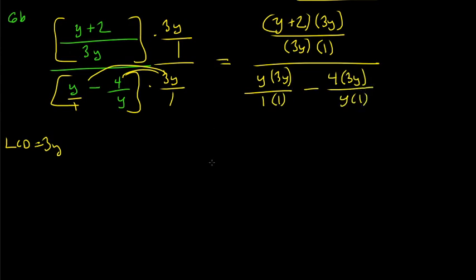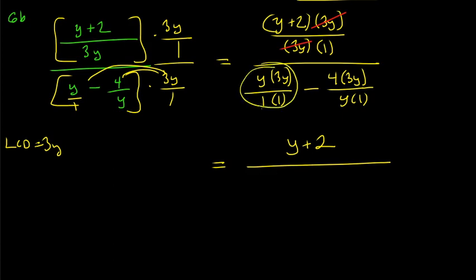And I grant you that it's kind of a mess at this point, but we can clean this up pretty easily. After all, 3y over 3y is 1, so the 3y's cancel, leaving you with just the y plus 2, over 1, but we don't need the 1. Now for this part of the denominator, 3 times y is 3y squared.